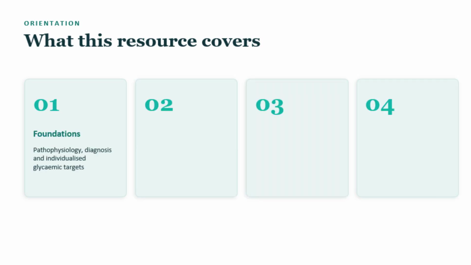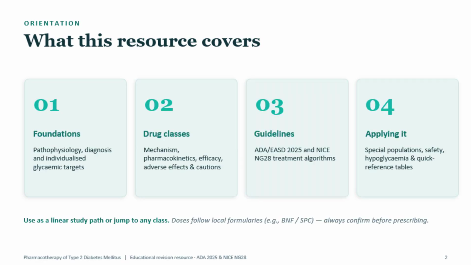Quick roadmap before we dive in, because I want you to know exactly where we're headed. We start with the foundations: how the disease works, how we diagnose it, and how we pick a target. Then we walk through every drug class, hitting mechanism, pharmacokinetics, efficacy, and side effects.